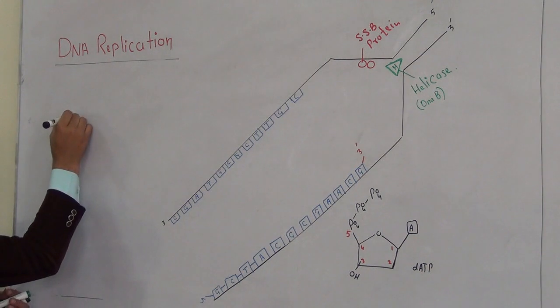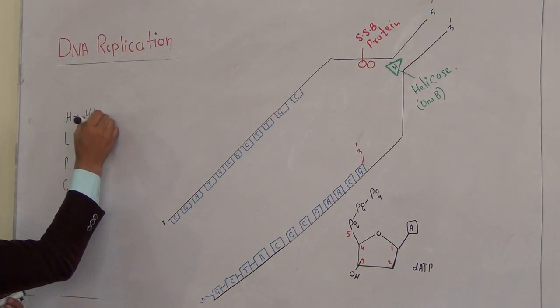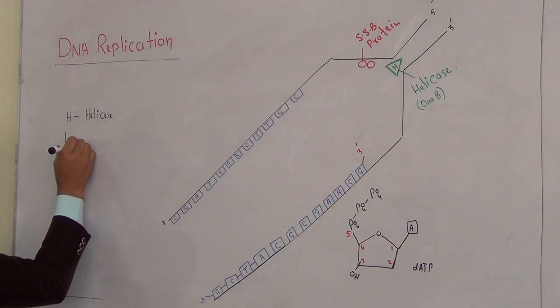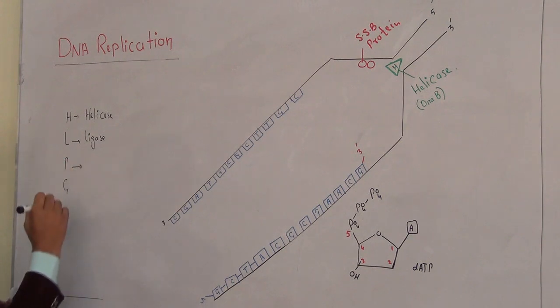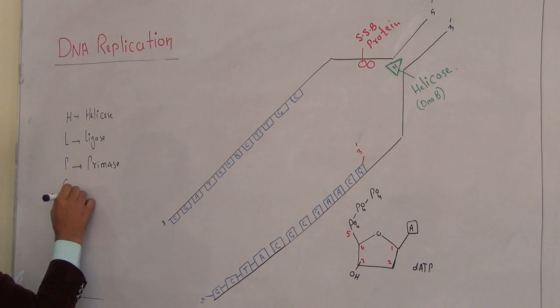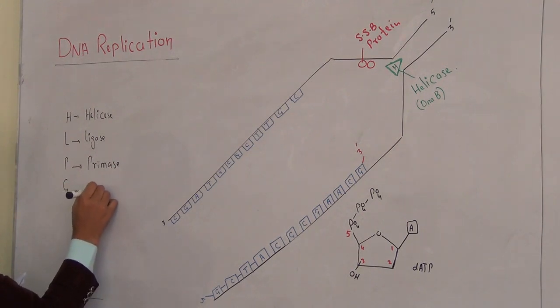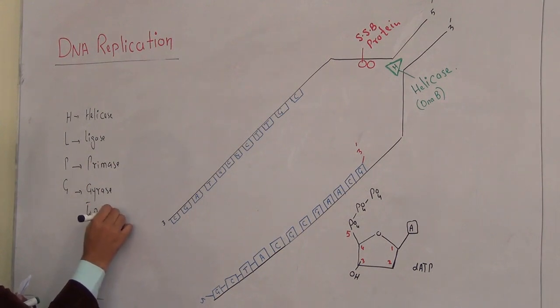H is for helicase enzyme, L is for ligase enzyme, P is for primase enzyme, and G is for gyrase, or you can call it topoisomerase.